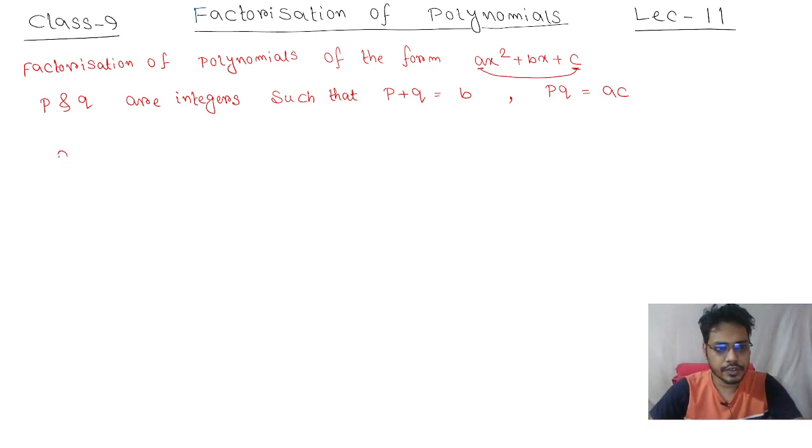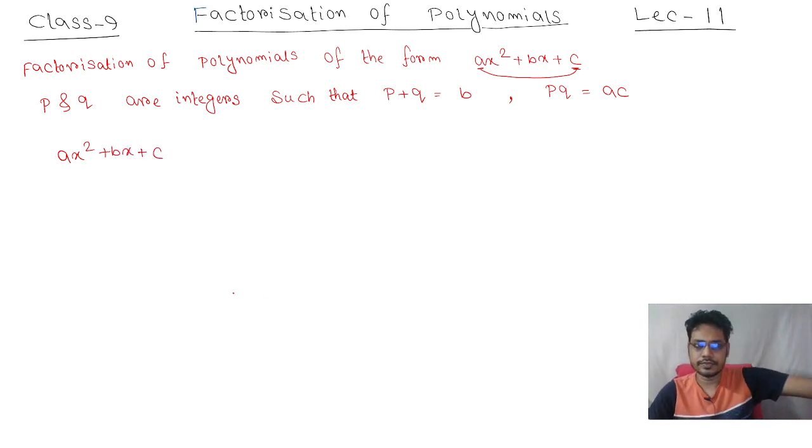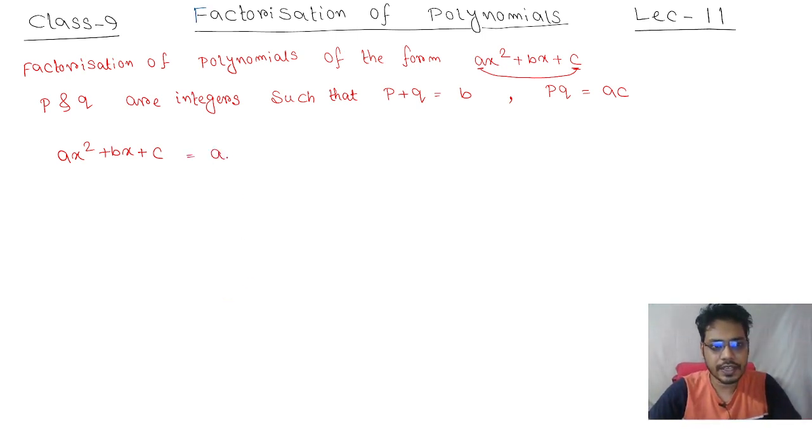So here if it is given x square plus bx plus c, in the last lecture we learned this. Now we learn that if it is in the form of x square plus bx plus c, then we can write instead of b, p plus q.